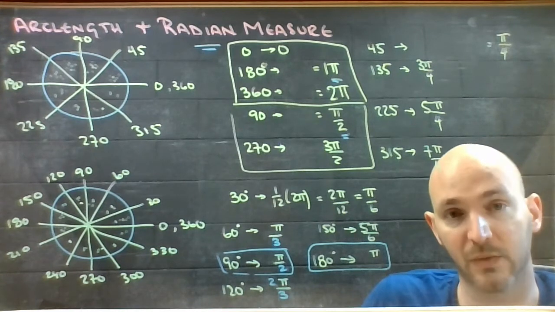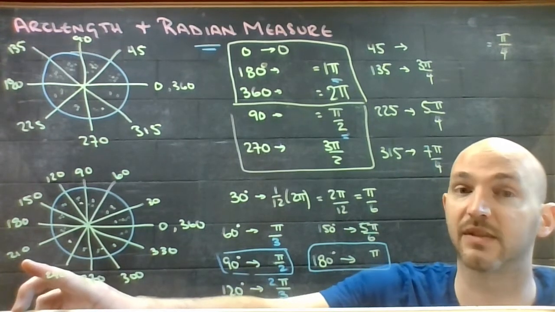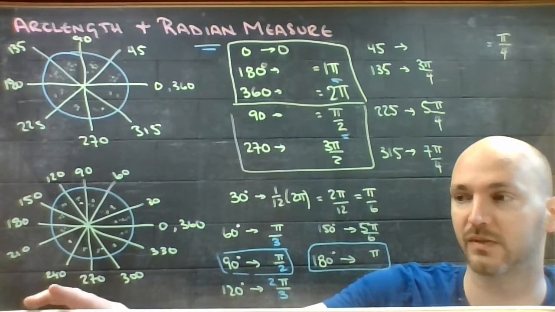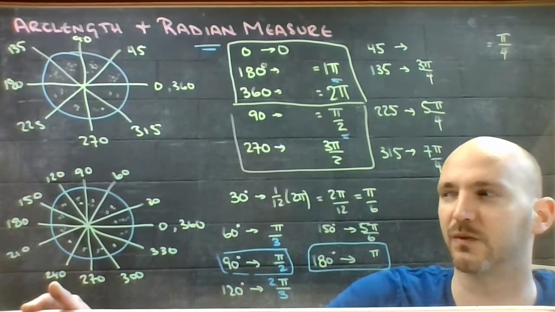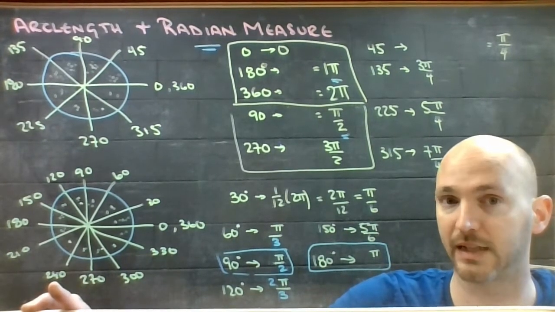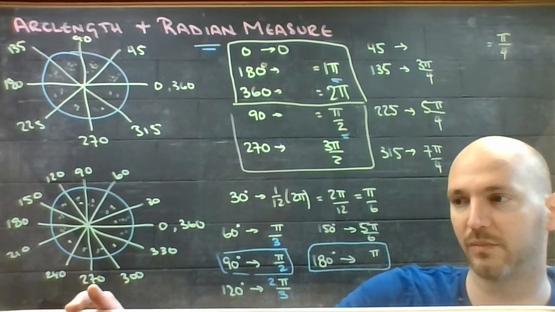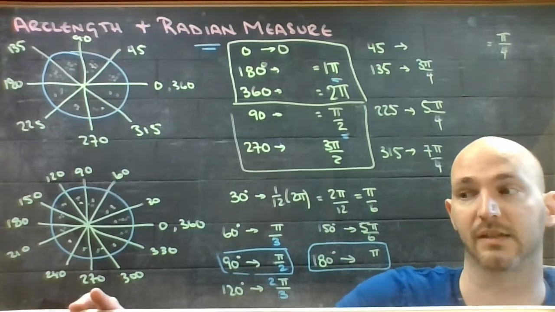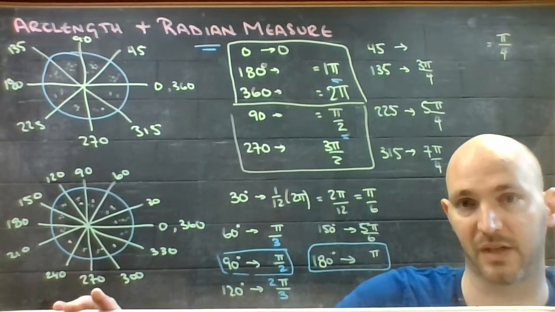So if you were to continue this pattern, you'd see that 210 was 7/6 of pi, which doesn't reduce. 240 is 8/6 of pi, which would reduce to 4 pi over 3. You should write that down if you need to. 270 would be, what are we counting here? 9/6 of pi. 9/6 of pi reduces to 3/2 of pi, which is good.